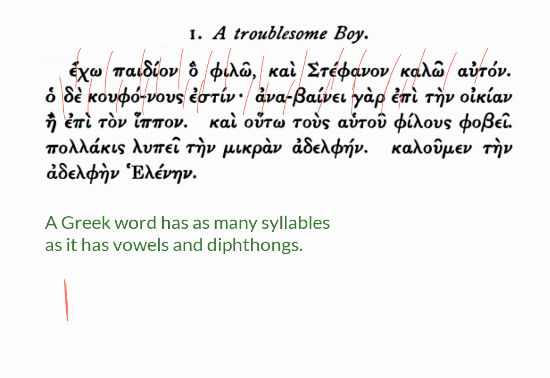Gar, pi, tain, oi, ki, on, pi, ton, hip, pon, kai, hu, to, tous, how, tu, fi, lus, fa, be. Paul, la, kis, lu, pe, tain, mi, cron, a, del, fein, ka, lu, men, tain, a, del, fein, he, le, nain, like so.